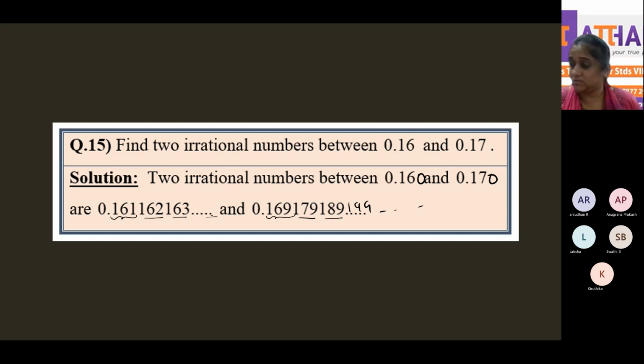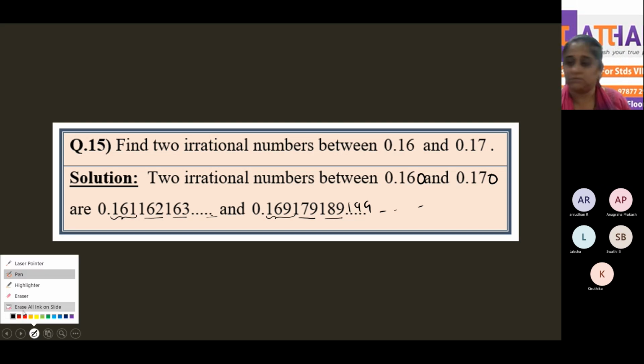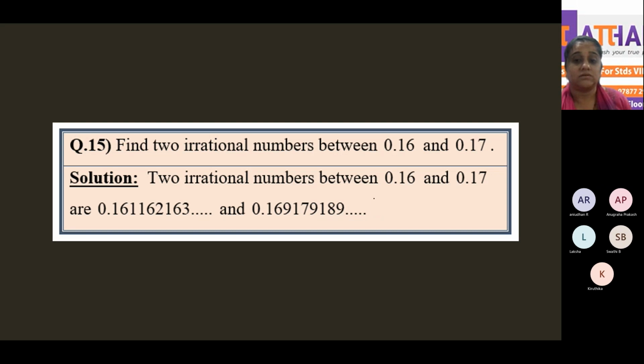Yes. Can we, if we take 4 numbers, 1600, can I write like 16,000 and 70,000? I have a lot of numbers. Yeah. You can. You're adding 4 zeros. So 0.1700 like this. And now we are going to write what?